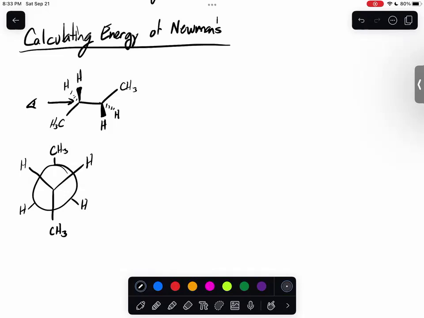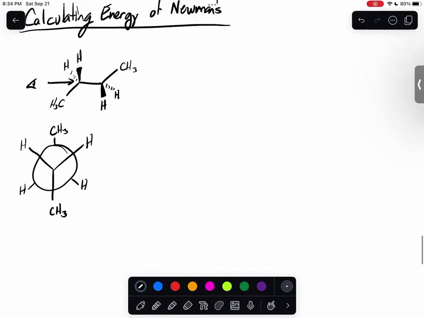So looking at this structure right here, we have to determine what the energy is, right? The energy of this should actually be zero, because whenever we look at it, there's no steric strain, because even though there are these methyls, they're adjacent to hydrogens, and hydrogens never have steric strain.